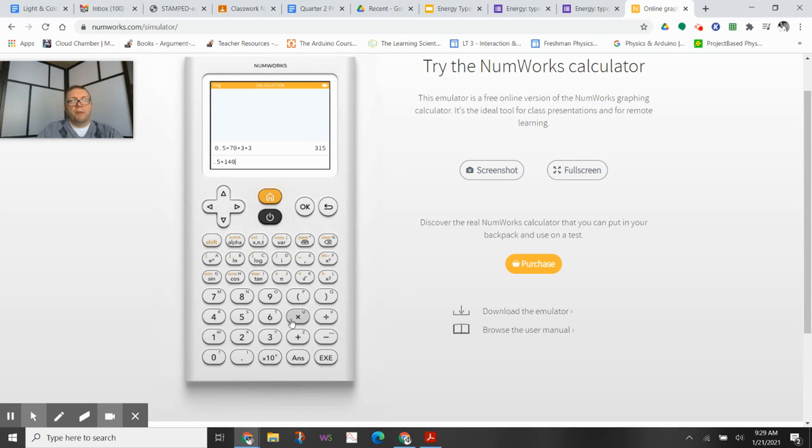So times 140, and then times velocity squared. The velocity is 3, and 3 times 3 is 9, so I can just put times 9 in there. Execute. And there I get 630.